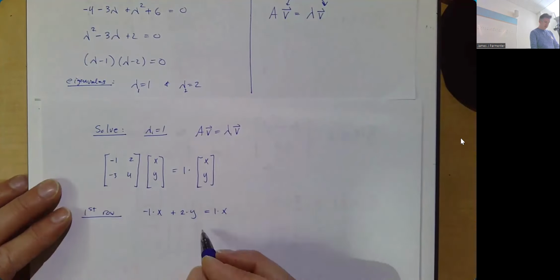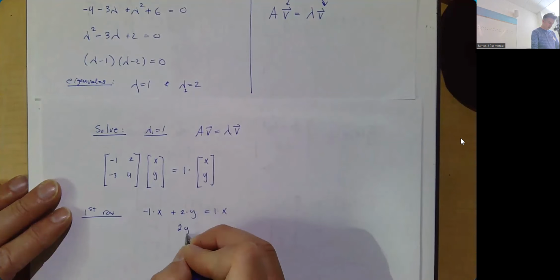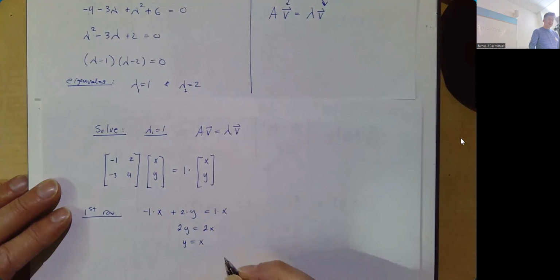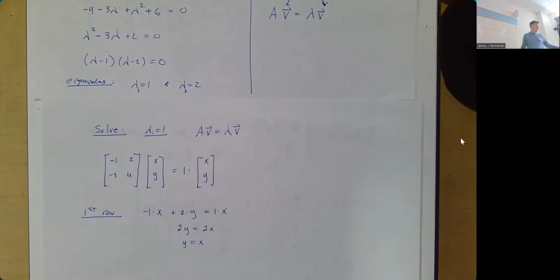I'm going to add x to both sides. 2y is equal to 2x, divide both sides by 2, y is equal to x. And that equation, y equal to x, is your eigenline. We'll talk about that more later, but any vector that starts at the origin and ends on a point on that line is an eigenvector.